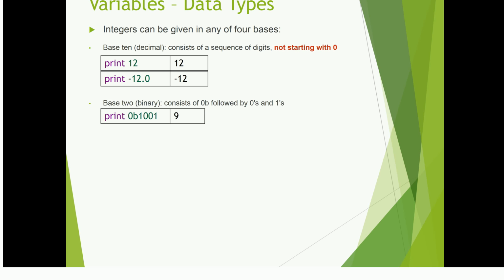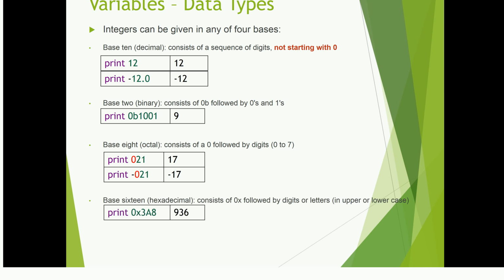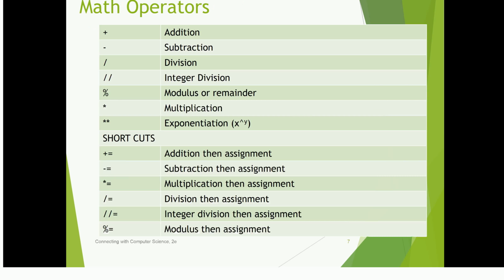If I start a number with a 0b, as in Bravo, Python will treat it as a binary number. If I start a number with just a leading 0, Python will treat it as if it was octal or base 8. And then finally, if I start it with a 0x, Python will treat it as if it was a hexadecimal number. These are 4 different types of whole number or integer variables.